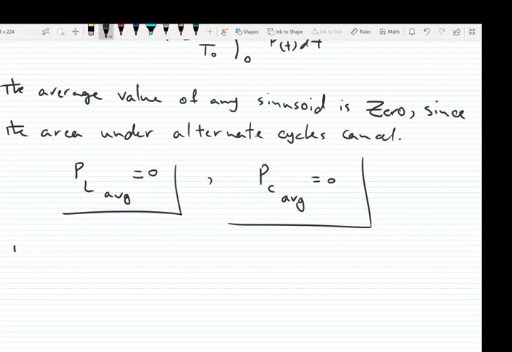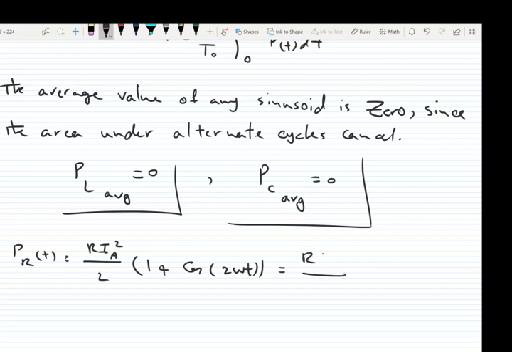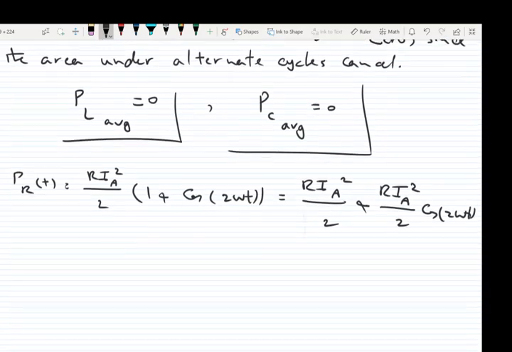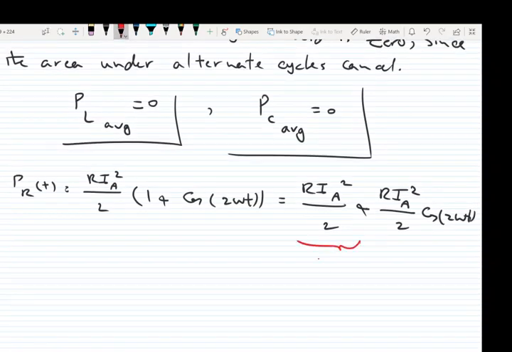For the resistor, the power is equal to R I_A squared over 2 times (1 plus cosine of 2 omega t), which we can write as R I_A squared over 2 plus R I_A squared over 2 cosine of 2 omega t. So we see that we have both DC component and AC component.